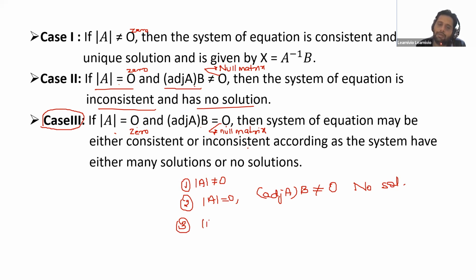Now third one, determinant 0, then again we find adjoint of A into B. If this is equal to the null matrix, then the equation can be consistent or inconsistent. That depends. If you get an infinite solution, then it will be consistent. If you get no solution, it will be inconsistent. There is a further process by which we can check whether it has many solutions or no solution, but that is beyond the scope of our syllabus.